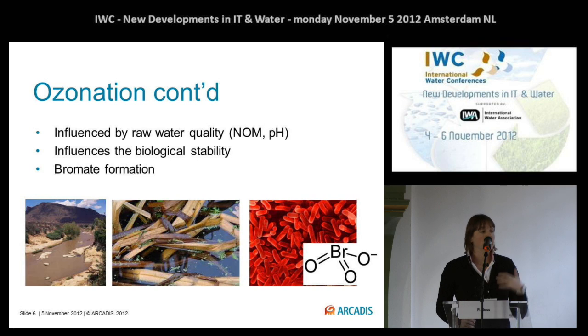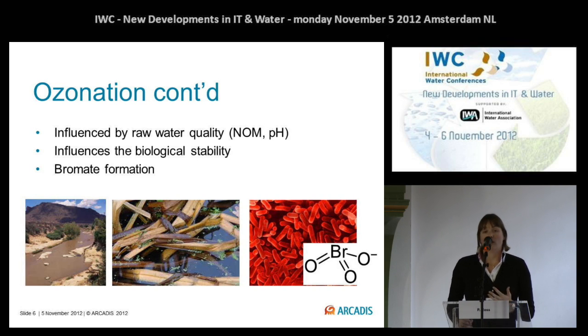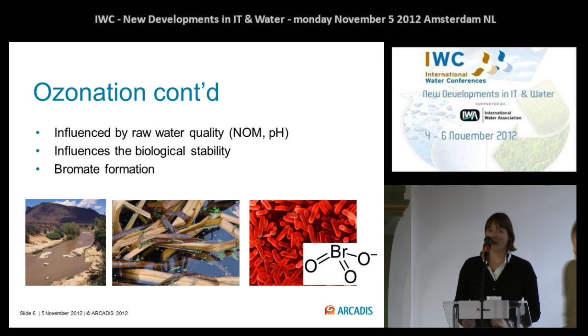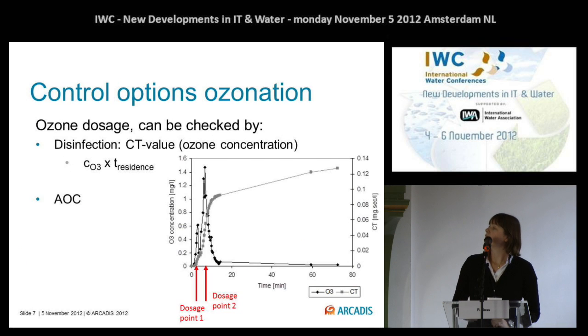Also, ozone influences the biological stability, and of course, bromate can be formed. So it would be very good to have the most optimal setting of ozone dosage to make sure that not a lot of byproducts are formed and that we achieve sufficient disinfection. So how can we do this?